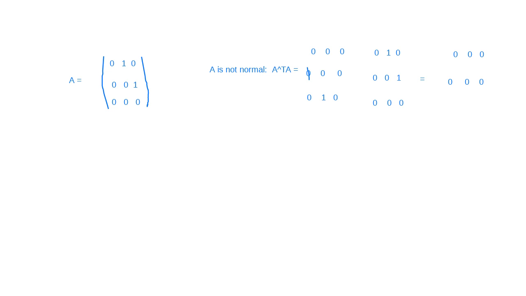Oh wait, I did that wrong. This should not be 0, 0, 0, but it should be 0, 1, 0. And then the last row should be 0, 0, 1. Okay, and then what's A A transpose?